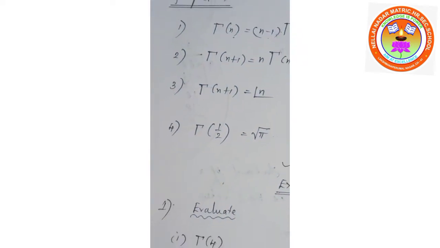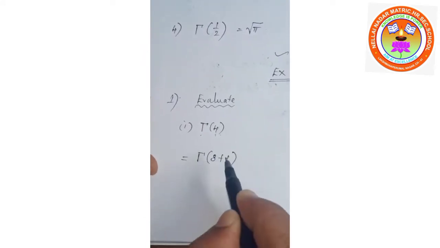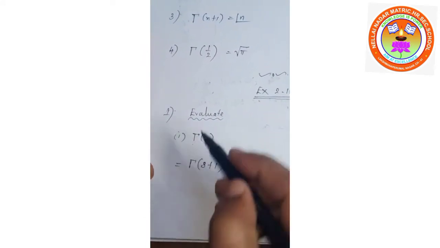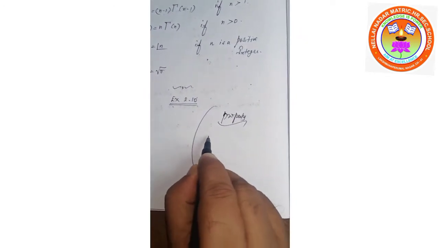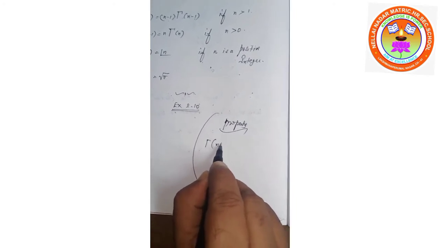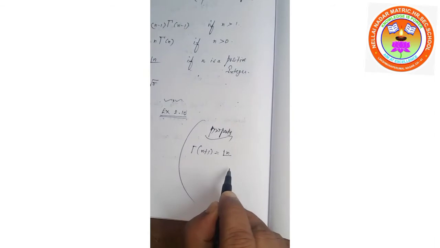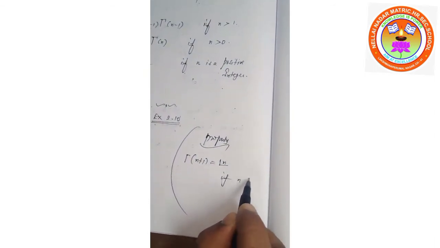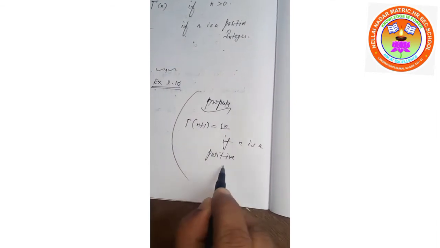Shall we write 4 as gamma of 3 plus 1? 4 and 3 plus 1 are the same. I write the property: gamma of n plus 1 equals factorial n if n is a positive integer.